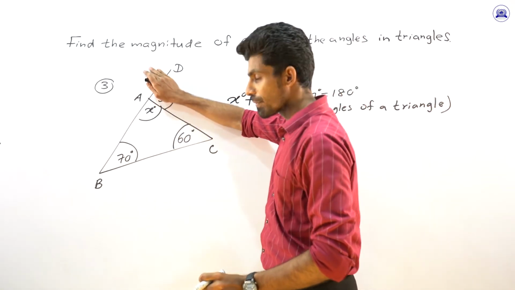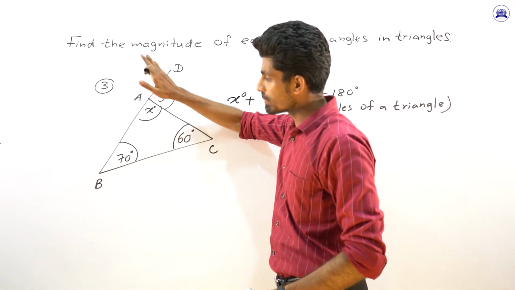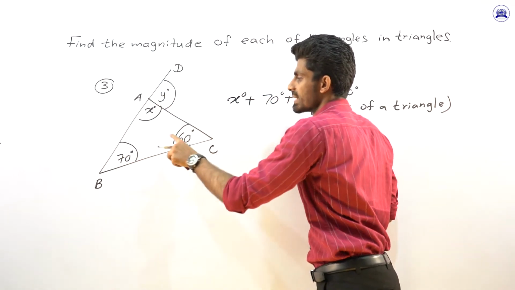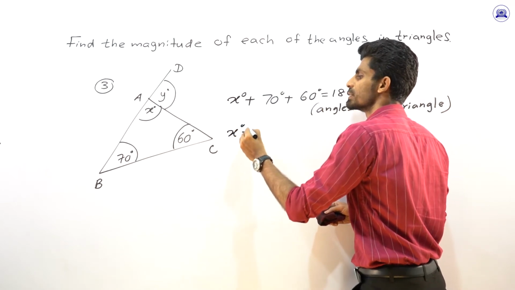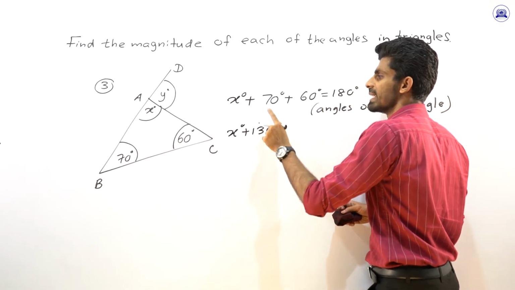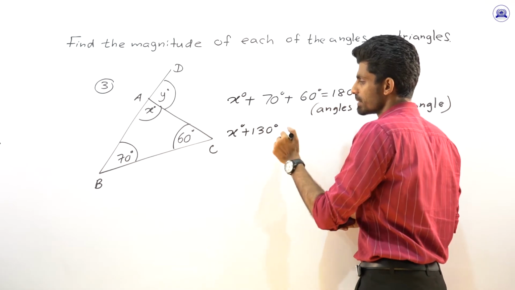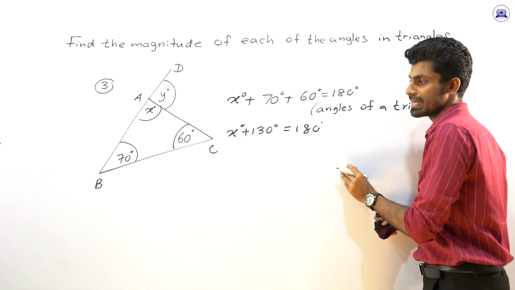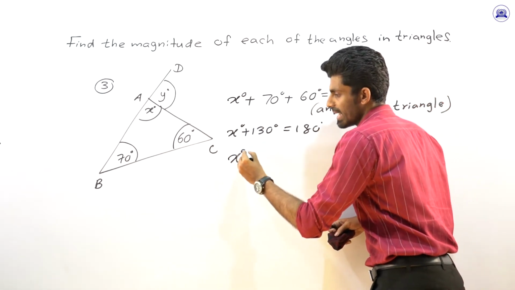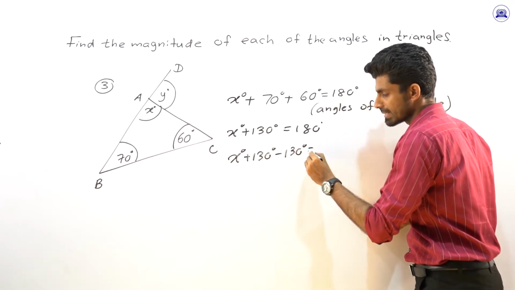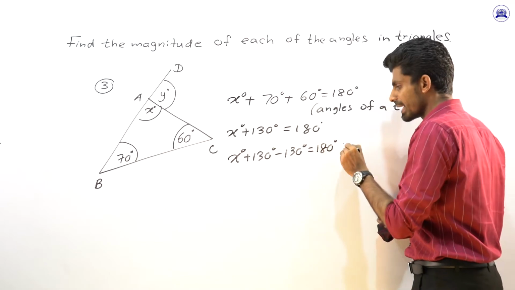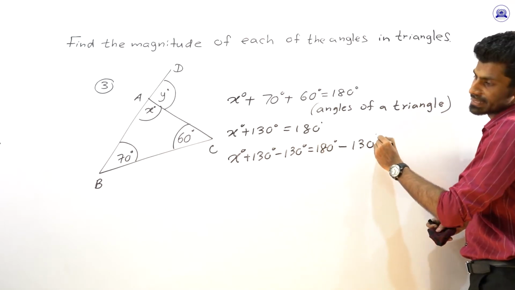Just forget this one for a while. x plus 70 plus 60: 70 plus 60 equals 130. So x plus 130 equals 180. Then x plus 130 minus 130 equals 180 minus 130.